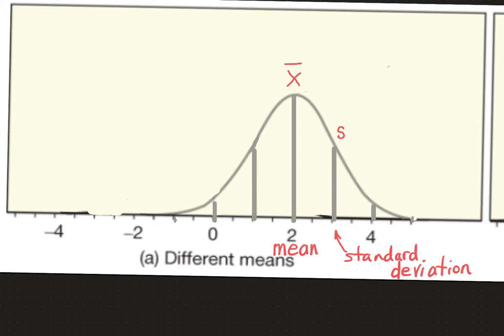Now, if this were population data, we had all the data for a given population, for instance, all of the ages of you who are taking this class right now, the mean of your ages would be mu, and the standard deviation that we could calculate would be signified by sigma.